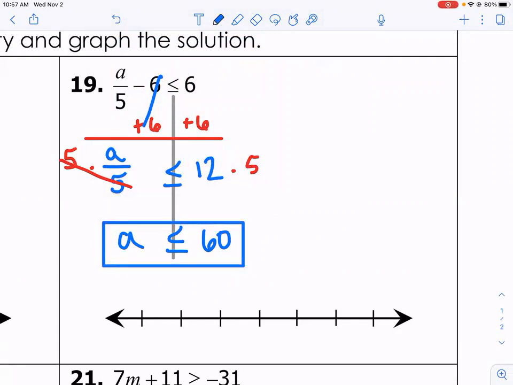Oh, you said it was what? Oh, so Tyler flipped his sign. It's okay, he fixed it. But can somebody help explain to Tyler why this is not the time to flip the sign? Kinley.